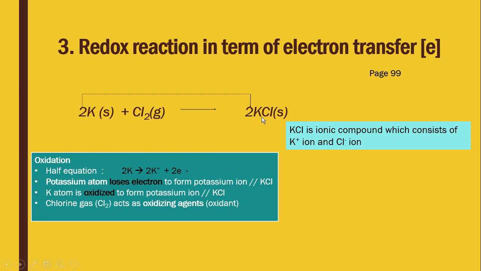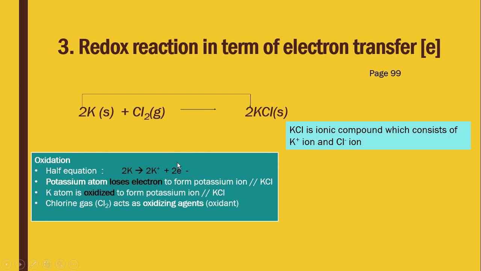So here there are 2 K plus ions and 2 Cl minus ions. That's why in the half equation, 2K before the reaction, after the reaction produces 2K plus. The 2K plus comes from here, when we split the ionic compound into its ions, plus 2 electrons.